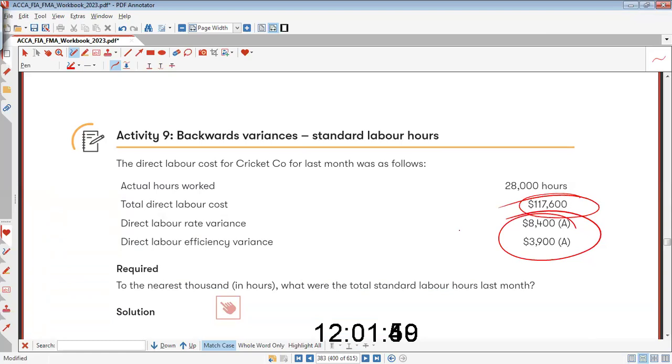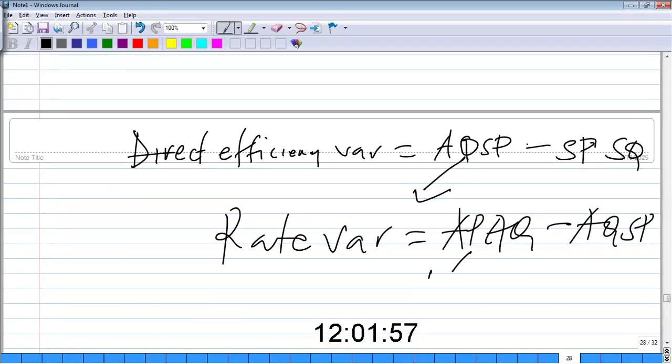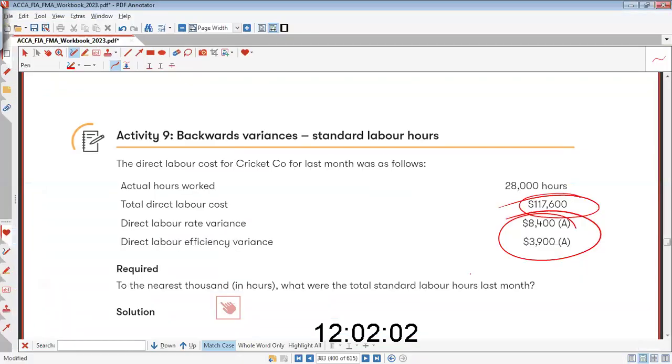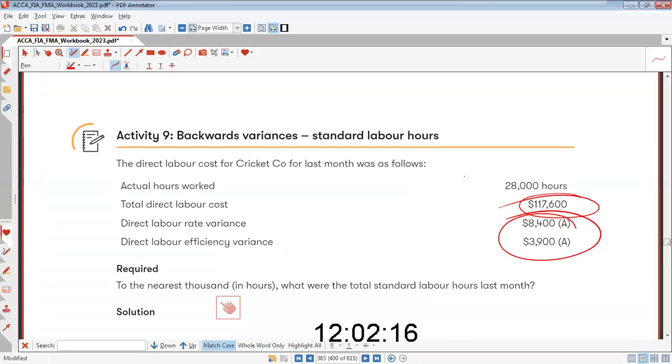Although it's vaguely written, I'm thinking it is the actual labor cost, 117,600. Here we had 28,000. We're using hours, and that's all we have.